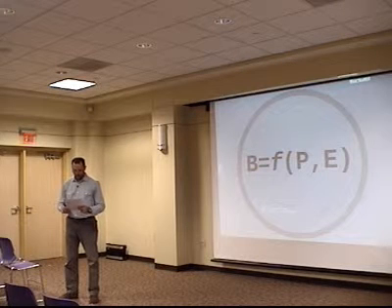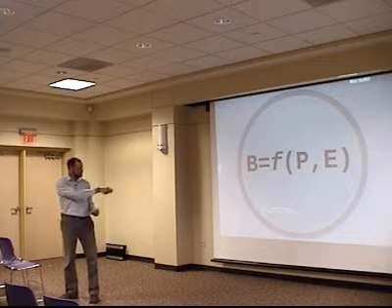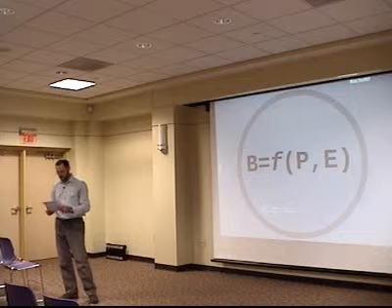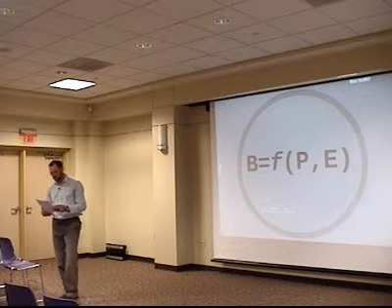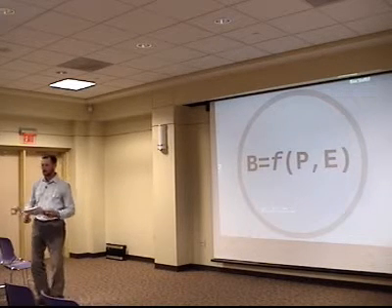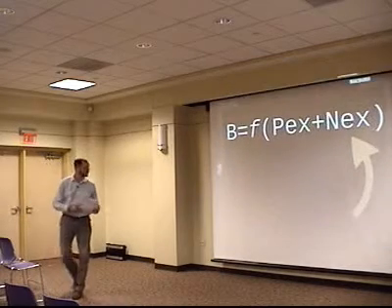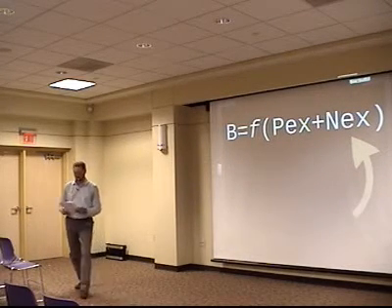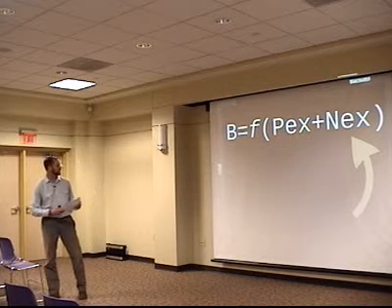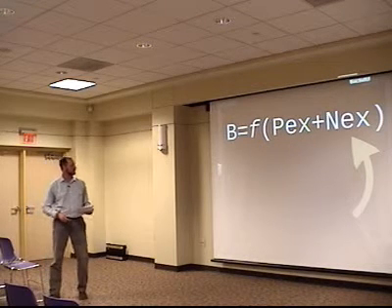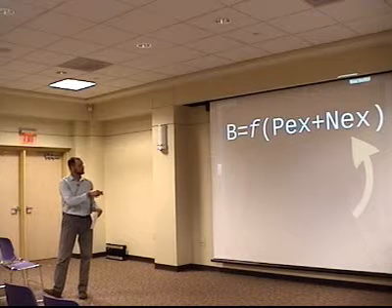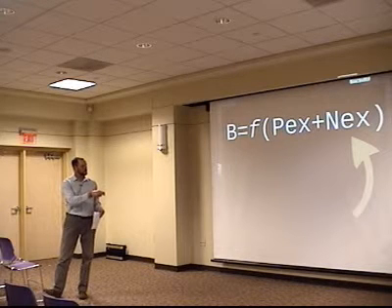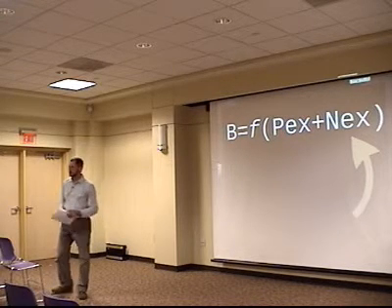Now, what if we added some new experience to this past experience to try to change a person's view of the world and thus change their behavior? We would get something like this. I made this one up. This is where B, behavior, is a function of a person's previous experience and a person's new experience.